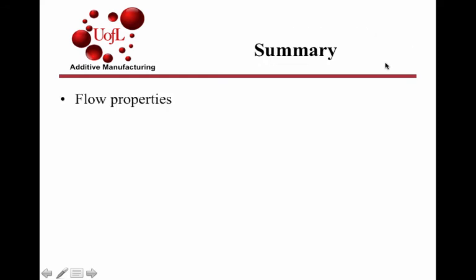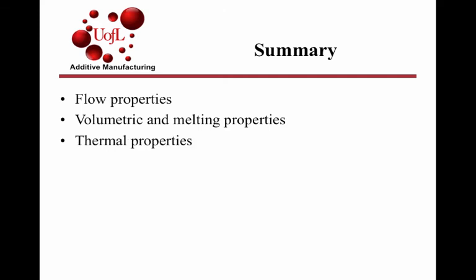To summarize, we looked at flow properties, densities, and melting properties of polymers, and the thermal properties, where conductivity is lower for polymers relative to metals. Heat capacity is much higher. Mechanical properties was another attribute that we looked at, with strength and hardness much lower for polymers compared to metals or ceramics, but much higher ductilities.